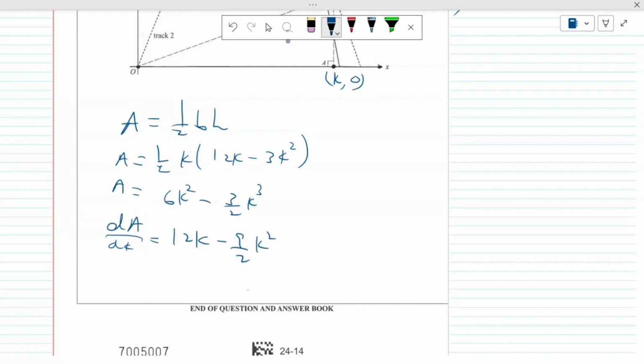Because I want to solve for k, the whole lot equals 0. Take the common factor out. So k, the common factor, 12 minus 9 over 2 k equals 0. So k equals 0, or k equals 24 over 9, which can be simplified as 8 over 3, yeah? Because you divide both of them by 3.